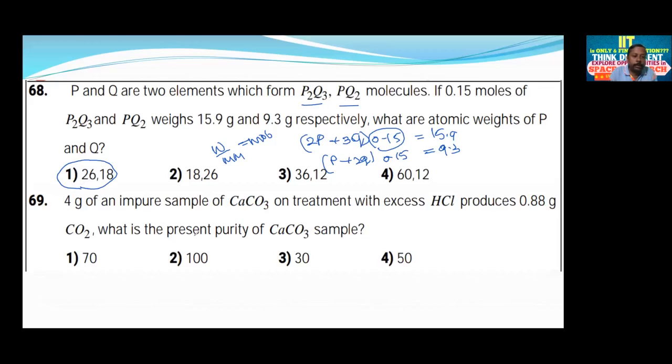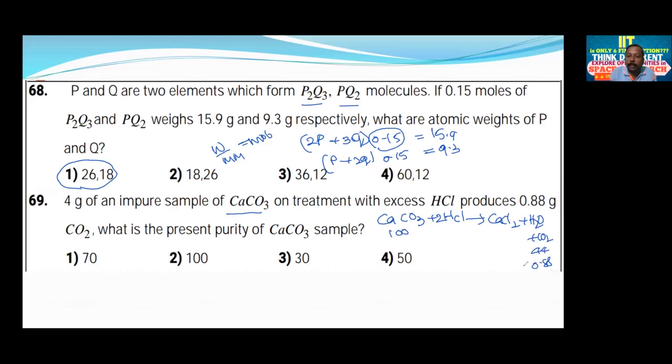Next, 4 grams of impure sample of CaCO3 produces 0.88 grams of CO2. Very simple. Values are so easy that the calculation will be automatically easy. So 2 moles we have to take, CaCO3 gives CaO plus CO2. Here if we take 100 grams, we will get 44 grams.